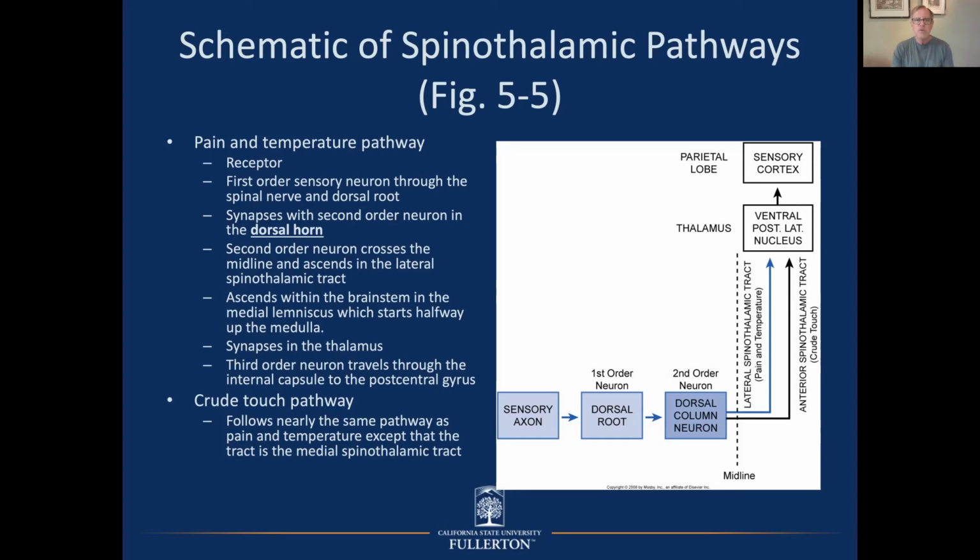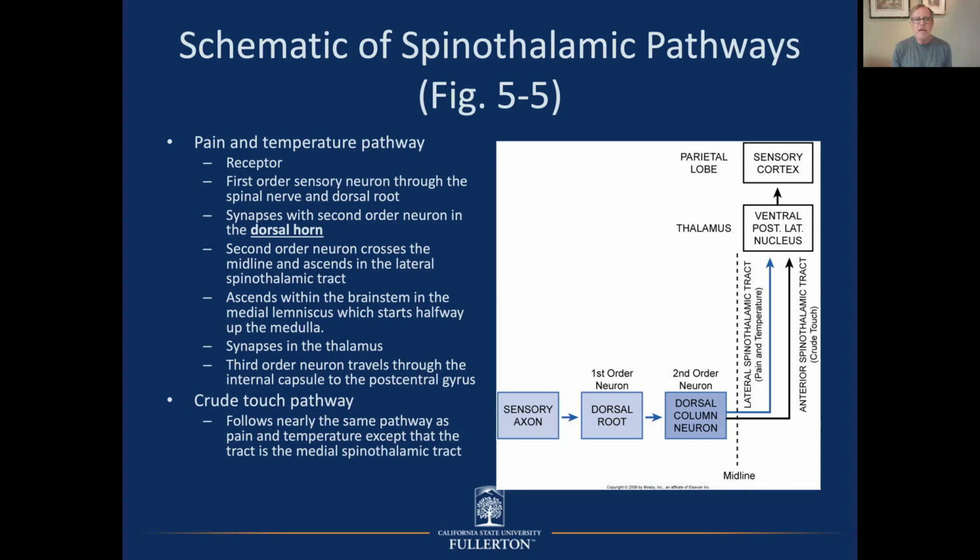And then there is a first order neuron that courses back toward the central nervous system first through the spinal nerve, and then through a dorsal root. As you remember, all afferent neurons enter the spinal cord through a dorsal root.